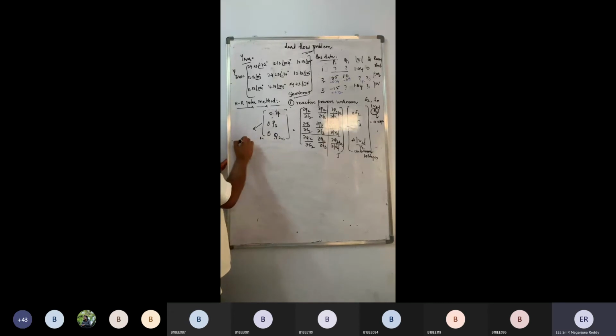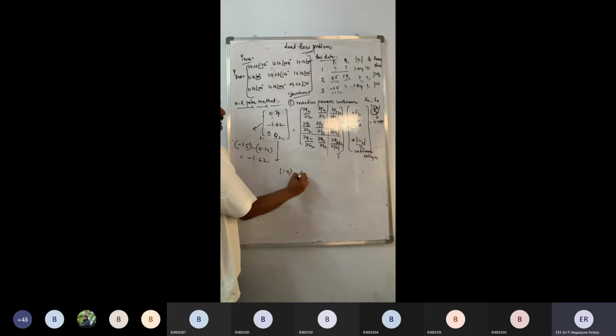P3 is given as minus 1.5, but I have obtained 0.12. So the difference is minus 1.62. And next one is Q2, which is given as 1.0, but I have obtained as minus 0.9. The difference is plus 1.9.